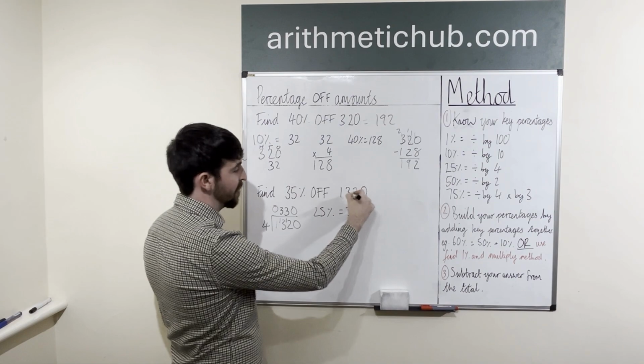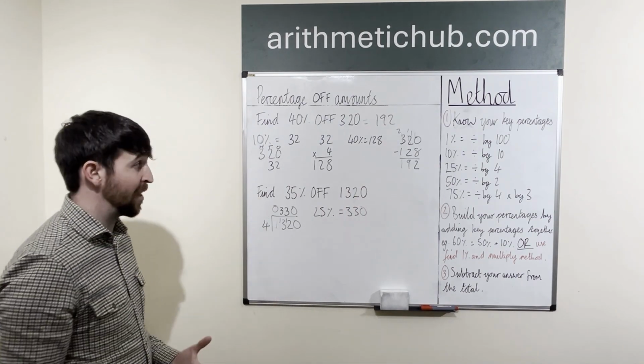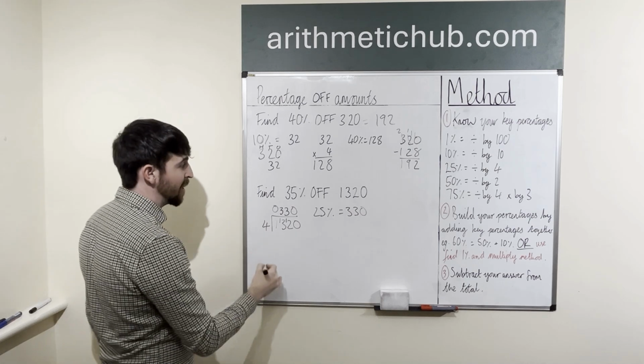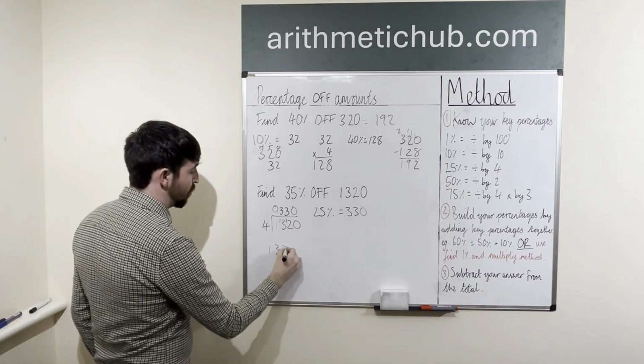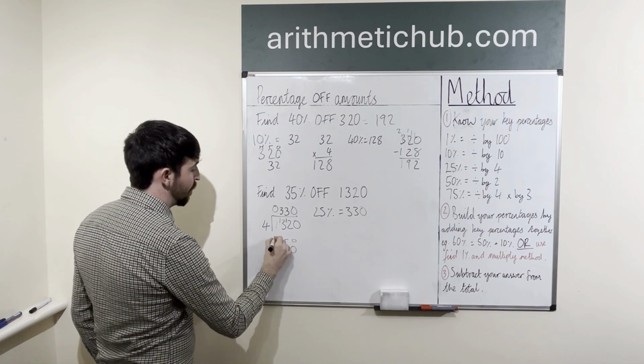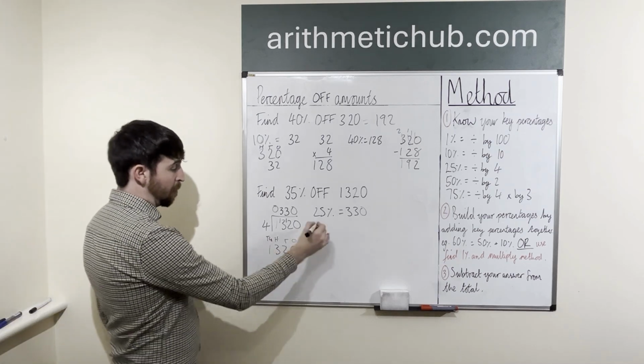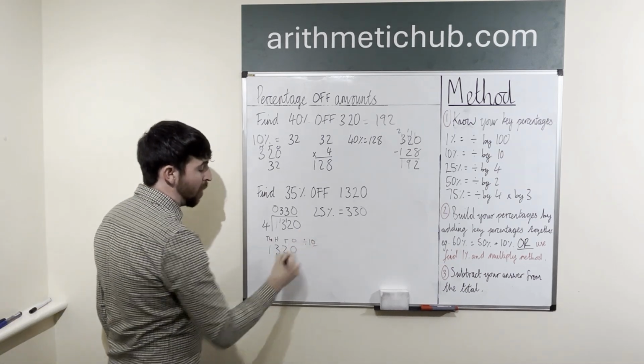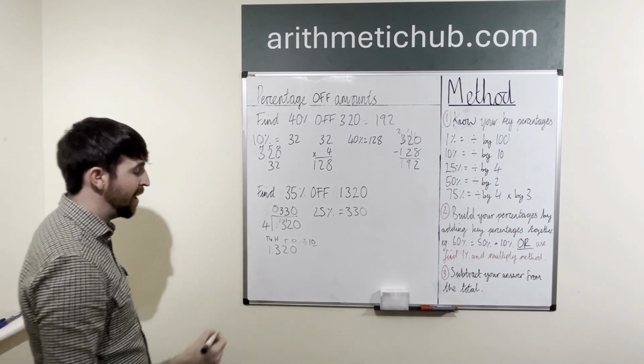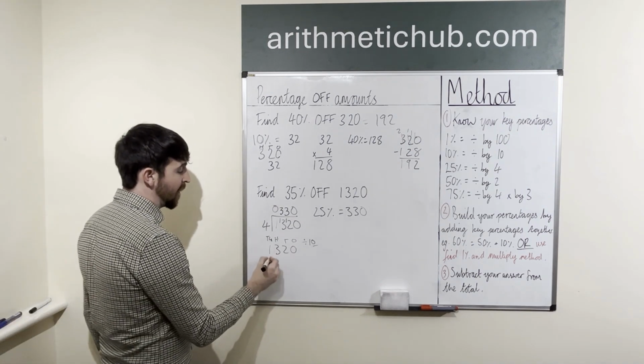I know how to find 10%. I move the digits, don't I? So 10%, I divide it by 10. 1,320, got my ones, my tens, my hundreds, my thousands. I'm dividing by 10, so I need to move it one place. To division, so I'm moving it to the right and making it smaller.